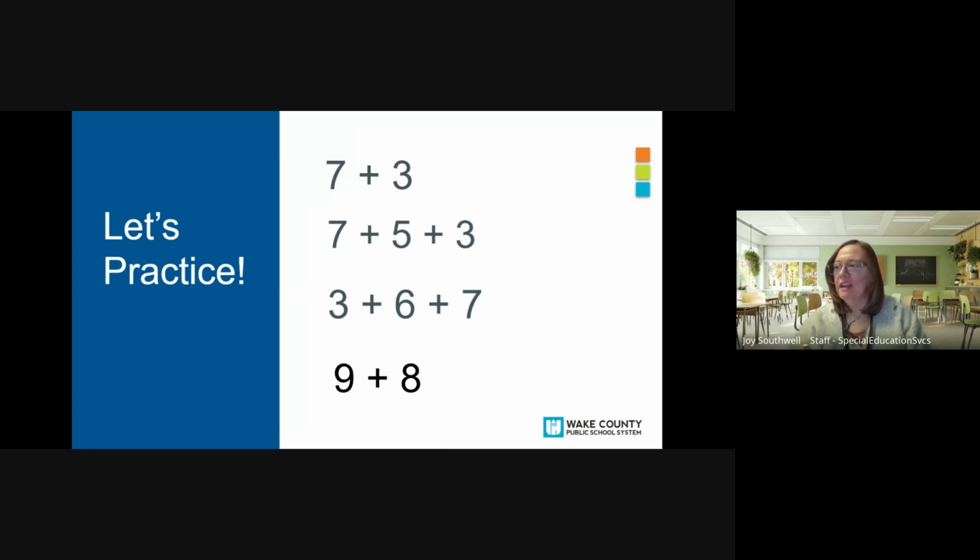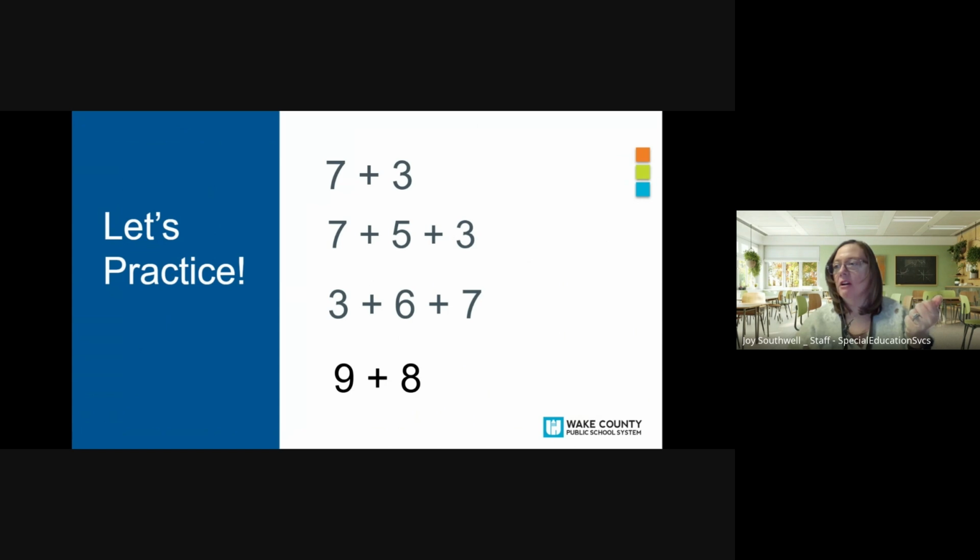I like that. Jennifer took 1 away from 8 and made that a 10, then added 7. So she did some give and take. She took 1 away from the 8 to change the 9 to a 10. So that's give and take. And I think Marjorie did the same thing and added 10 plus 7.